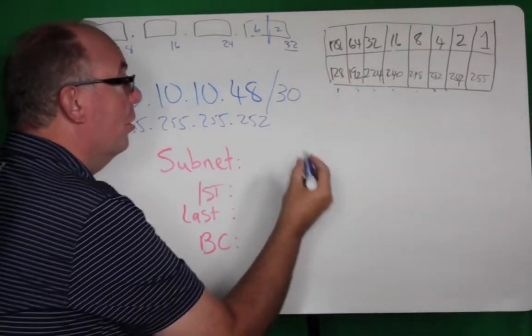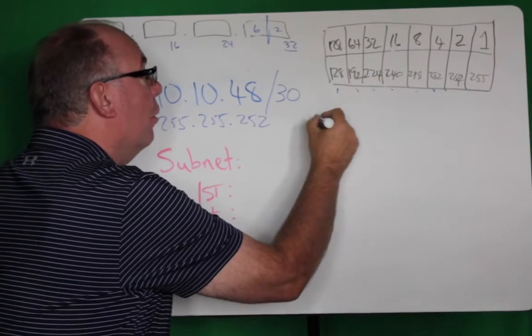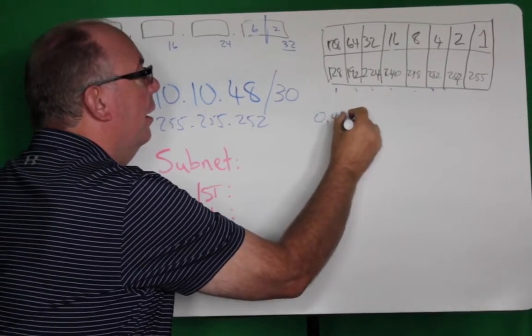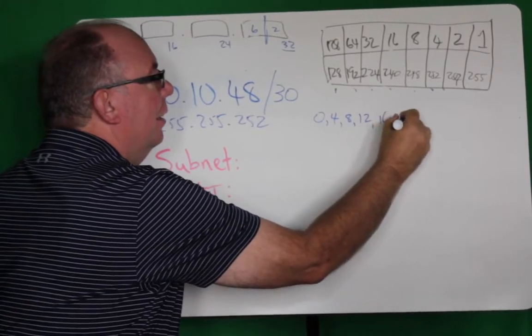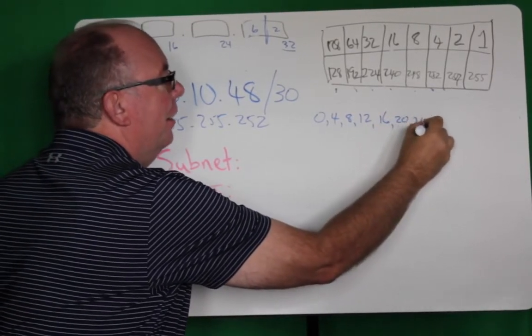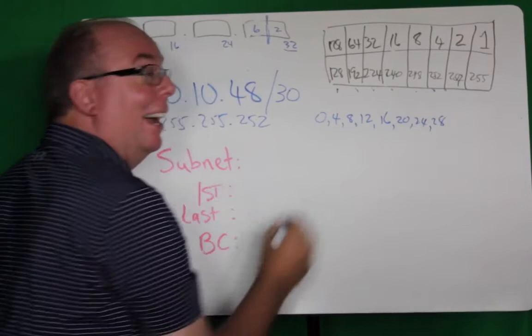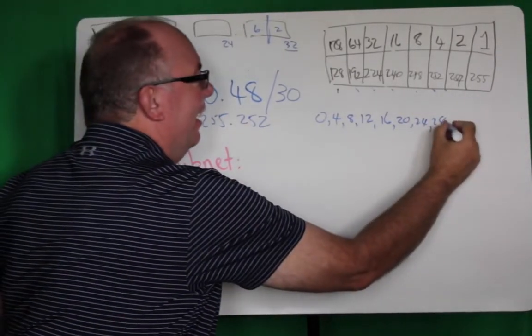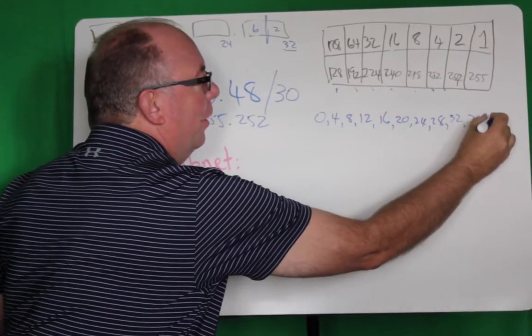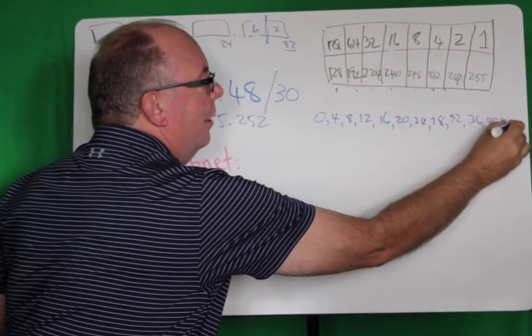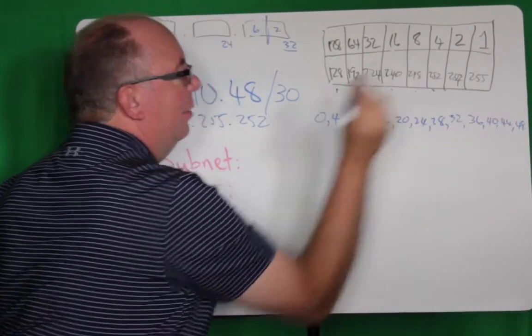So therefore, the subnets are every 4 addresses: 0, 4, 8, 12, 16, 20, 24, 28. You'll see why I have to keep going in just a second. 32, 36, 40, 44, and 48.